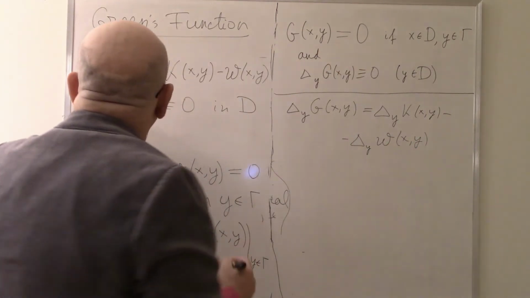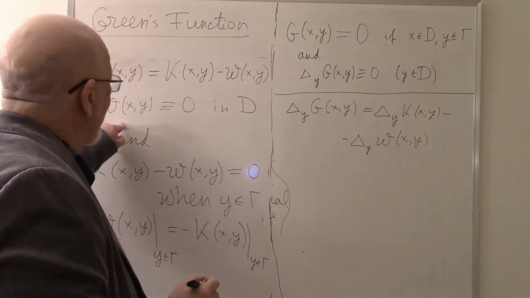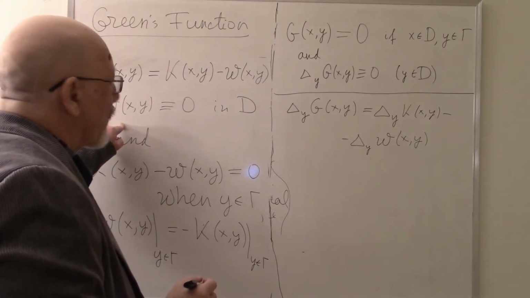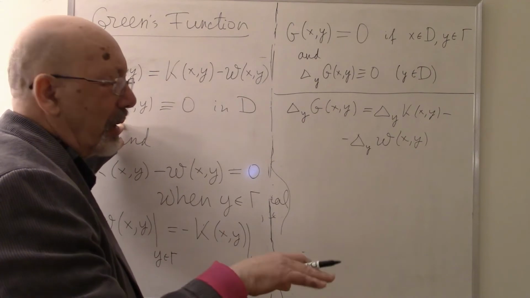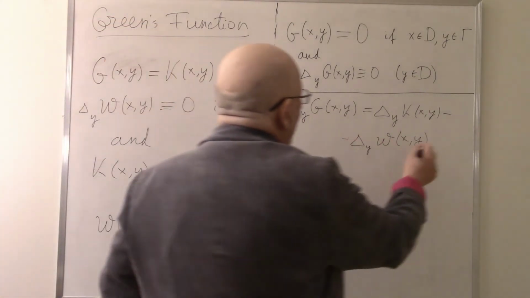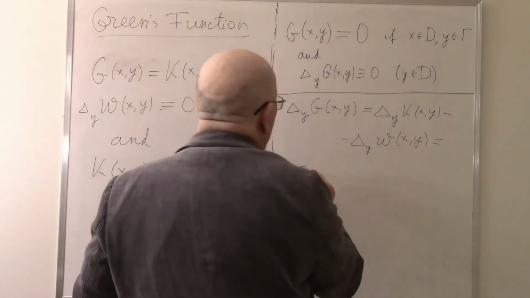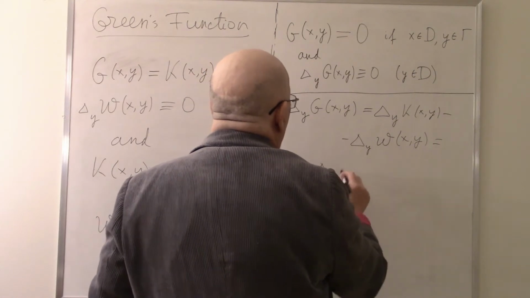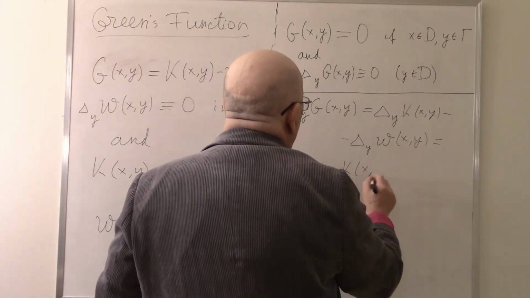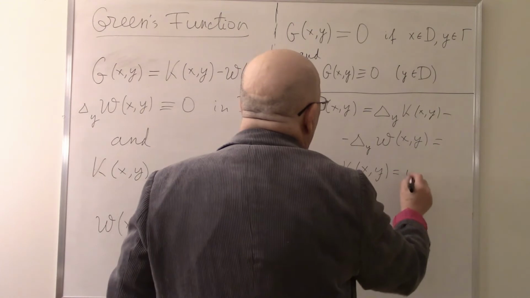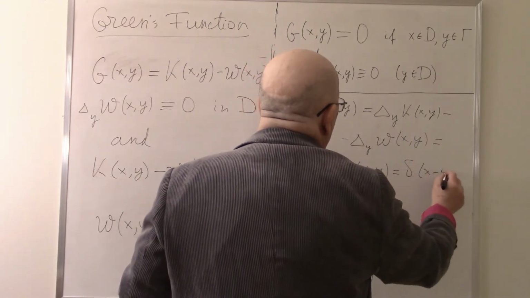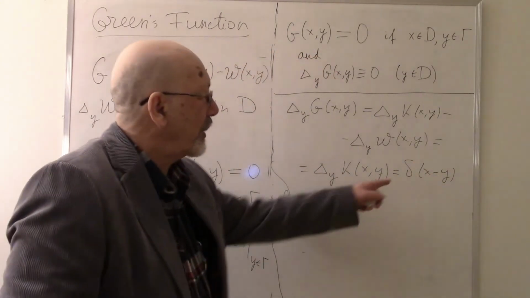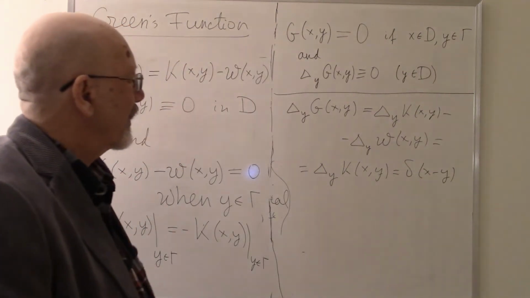W was a harmonic function without any singularity, so this is 0. So it is equal to Laplacian k of xy, which is delta of x minus y. So it is just delta at the point x.